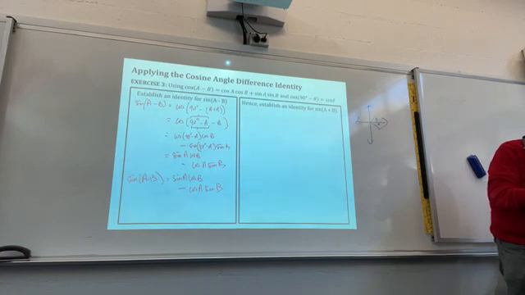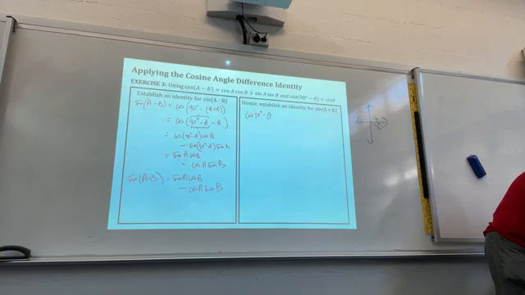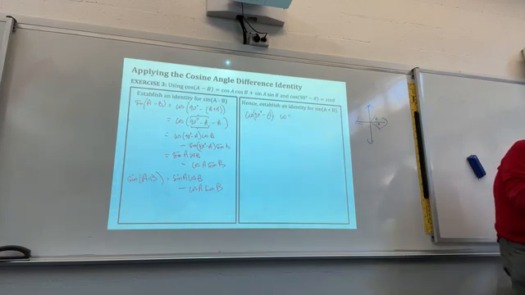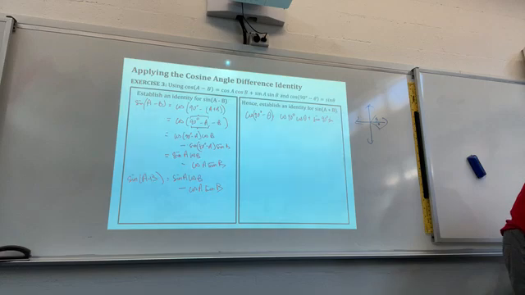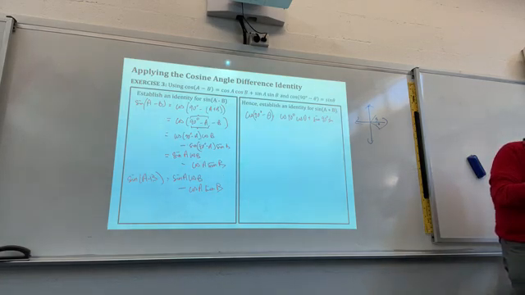Cos of 90 degrees minus theta is actually equal to cos 90 degrees cos theta plus sine 90 degrees sine theta. Oh, hang on, what have I done? Wrong one. I'm looking at my own incorrect notes.